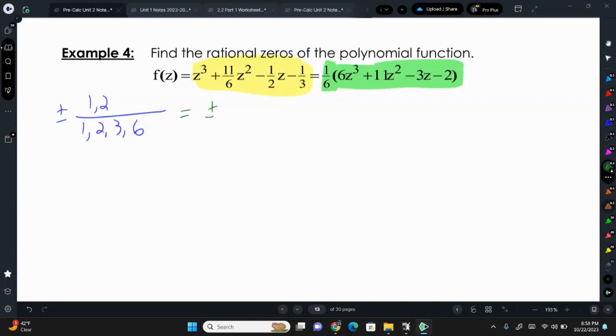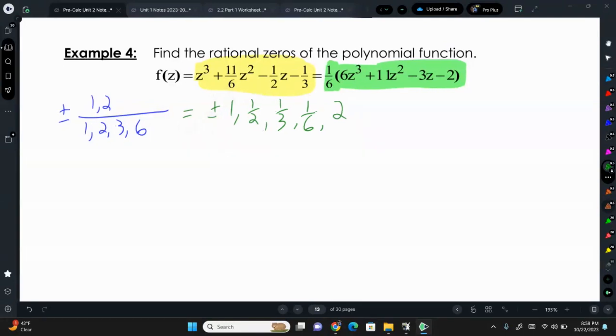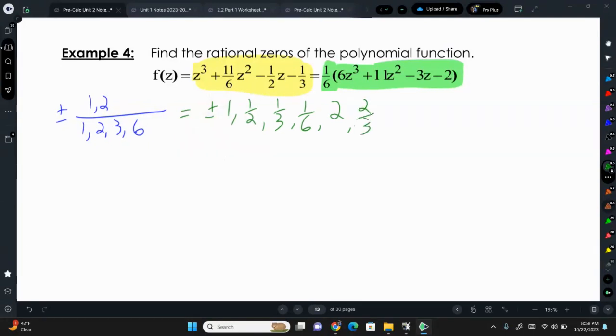So it could be plus or minus 1, plus or minus 1/2, plus or minus 1/3, 1/6, and then 2 over 1. 2 over 2 we don't need to write down. 2 over 3 is a possible zero, and 2 over 6 reduces to 1/3. So we have 12 possibilities.